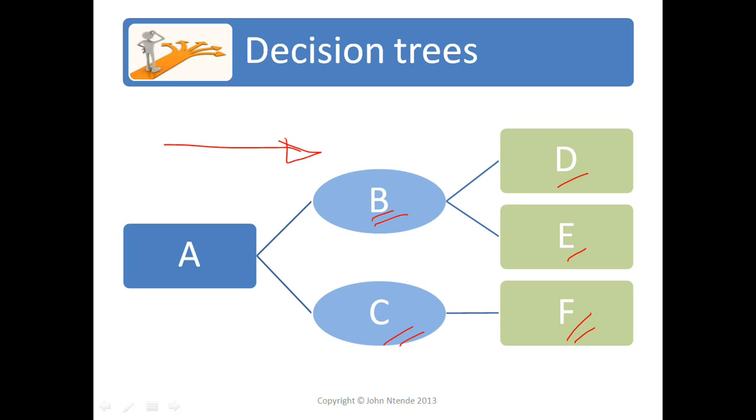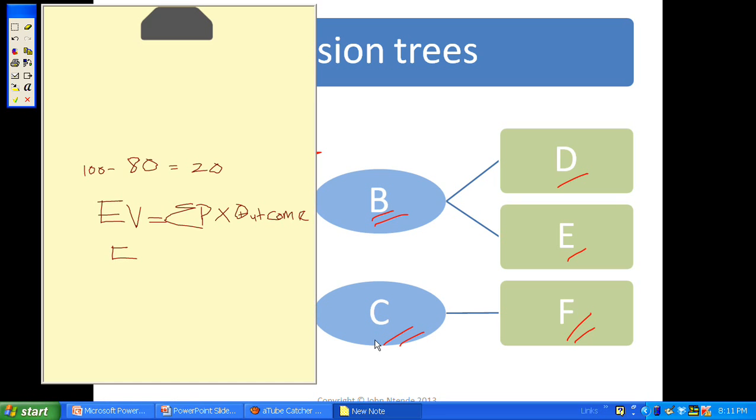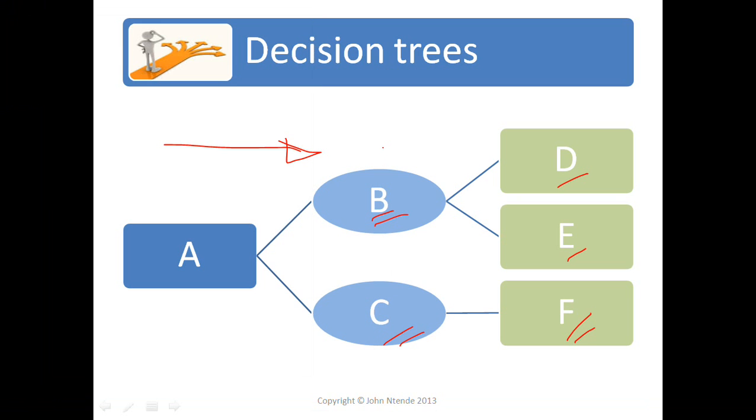Now to make the decision, in this case whether to choose B or C, we shall have to evaluate the expected value, EV of B and the expected value of C. And remember, expected value is equal to the summation of the probability times the outcome.